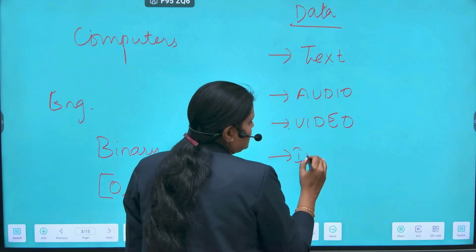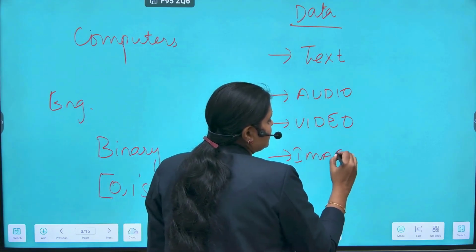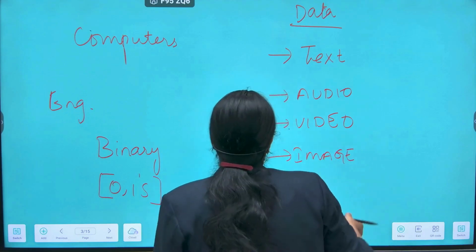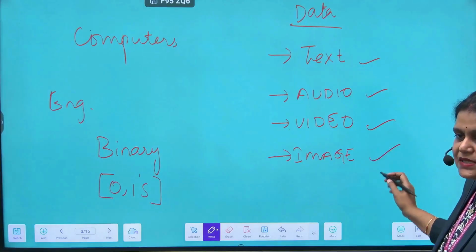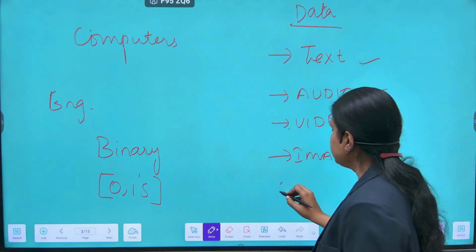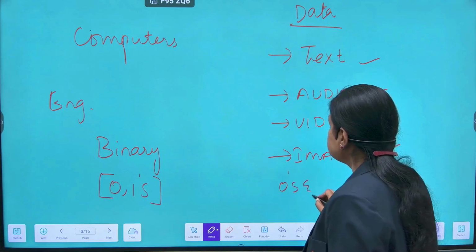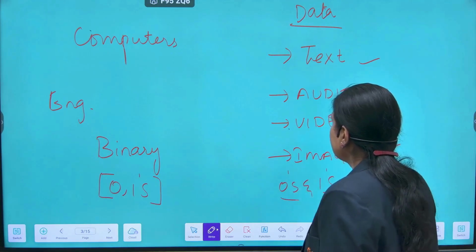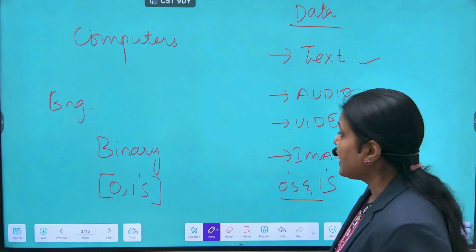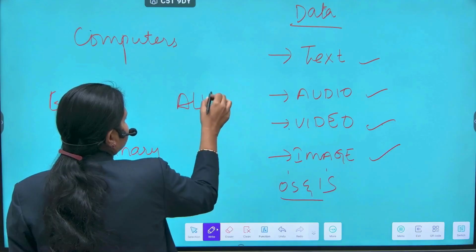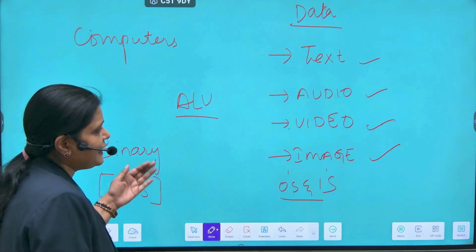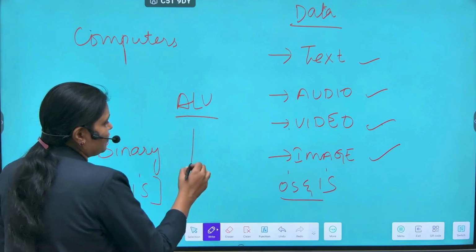Whatever we give, let it be text, audio, video, or image, is converted into zeros and ones, and only then can the computer work with it. Again, after performing the operations using the ALU, it gives the result also in the form of binary.